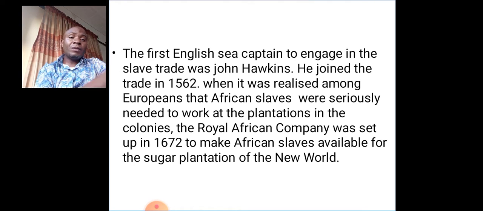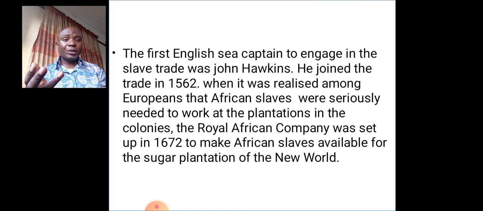But there were quite a number of reasons why Africans were involved in this, why Africans were most preferred to be slaves, or to provide the workforce in those plantations. The Red Indians, who were the original inhabitants in that region, were not as strong and resilient to the climatic condition and to tropical diseases like Africans were. So those were some of the factors that made them consider the Africans.